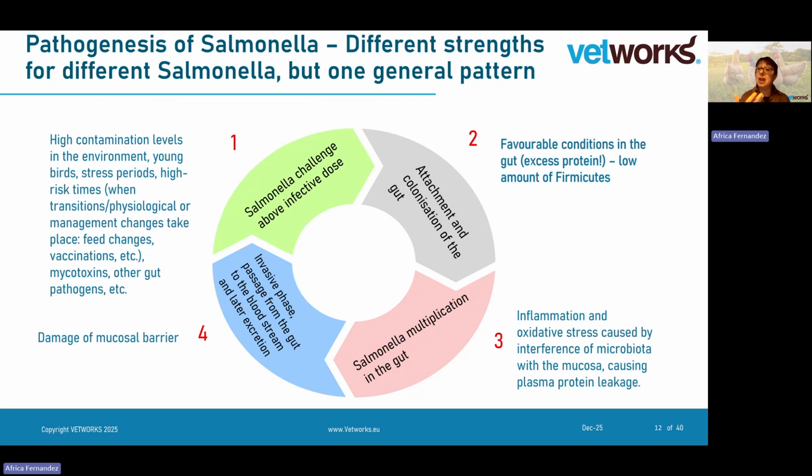It could be because the animals are more susceptible because they are young, because of stress, because of physiological processes like coming into egg production, which is a very stressful process, because of changes of feed, vaccinations.